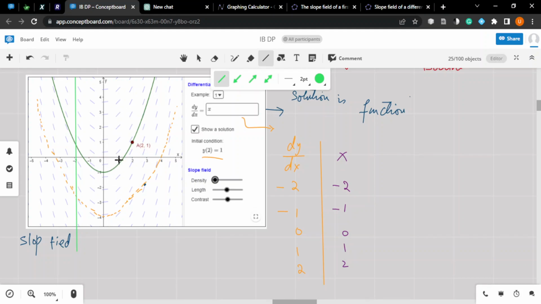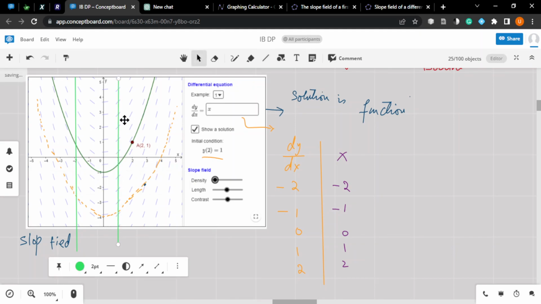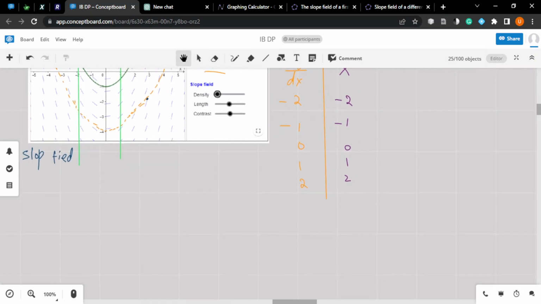And at x equal to 1, all these small lines have the gradient equal to 1. Okay, so when we plot all these slope lines, and we know some initial condition, we can draw a curve.